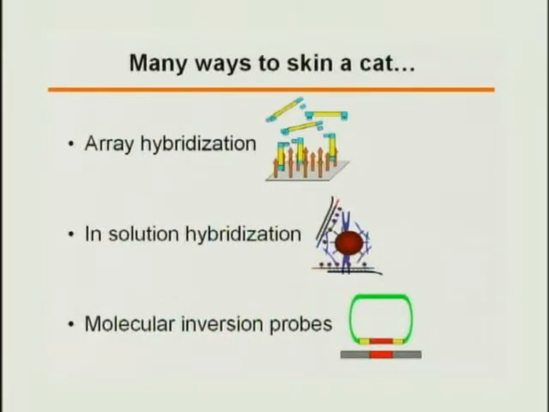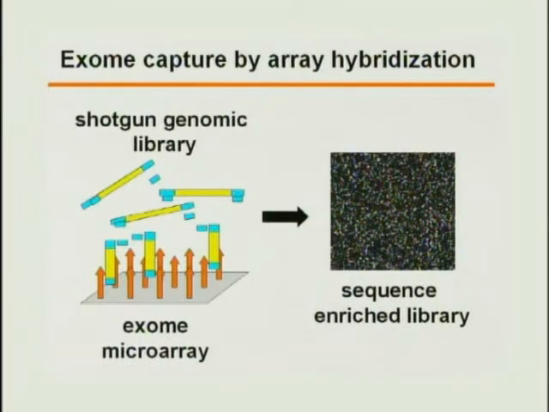The one I'm going to focus on, because the data I'm going to show you was obtained by this method, is relatively simple: array hybridization. The basic idea here is to use a microarray in a preparative fashion rather than in an interrogative fashion. We make a shotgun genomic library: we chop up DNA, put on adapters, and amplify that up.